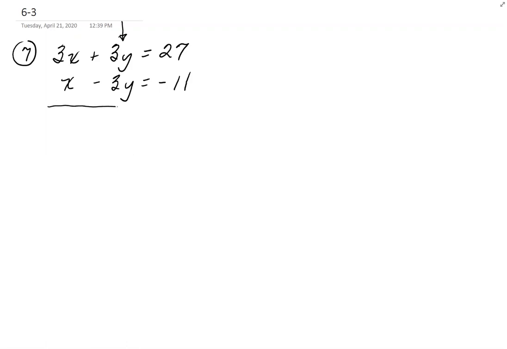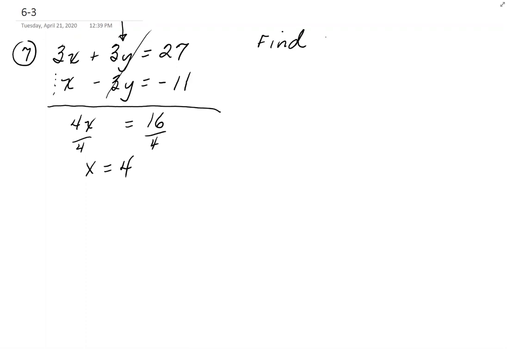All you have to do is make sure the x's, y's, and constants are lined up and add. There's a coefficient here of 1, so I have 4x. These cancel out, is equal to 16, divided by 4. X is 4.